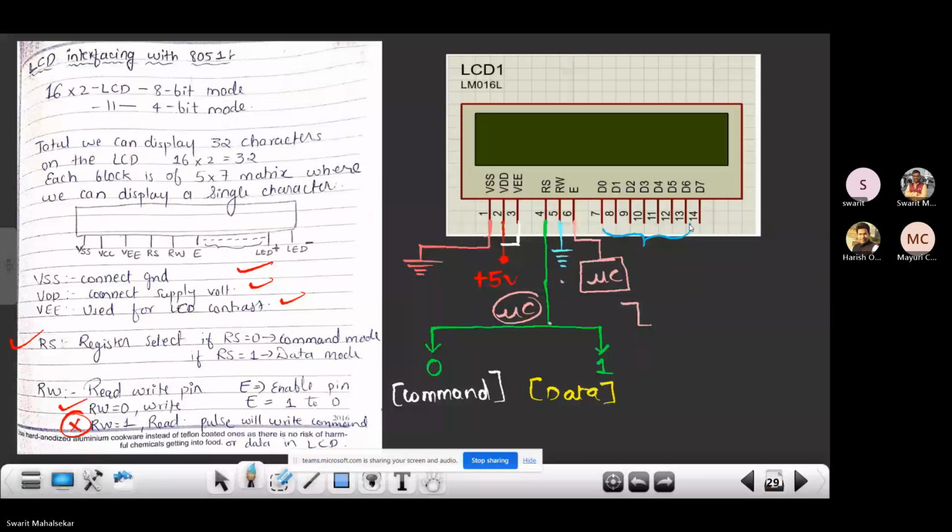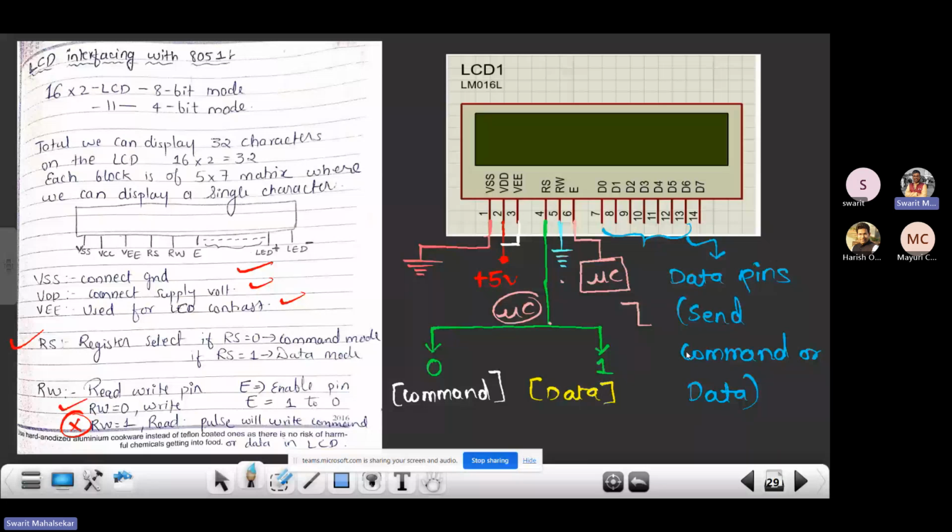So this is my data pins through which we are going to send commands or data. Okay, so I'll just explain to you.